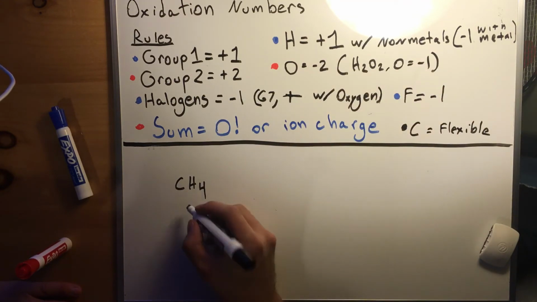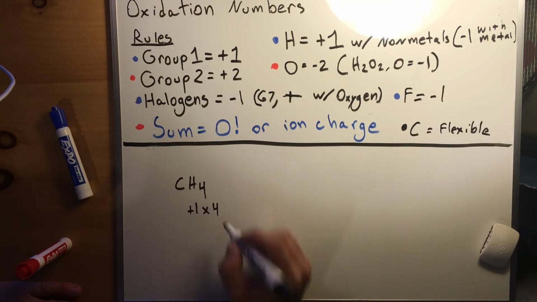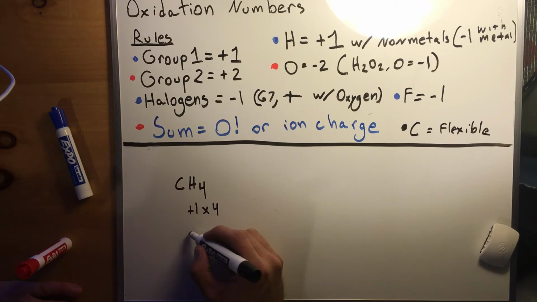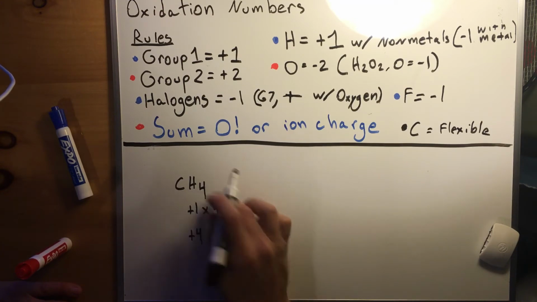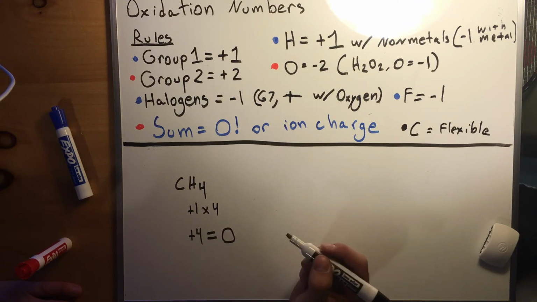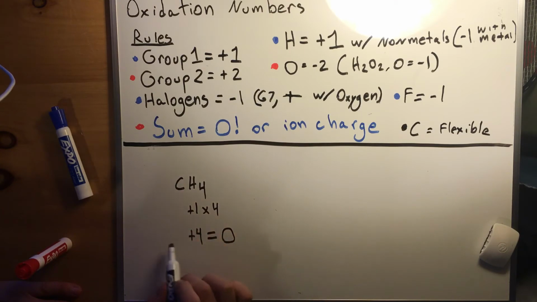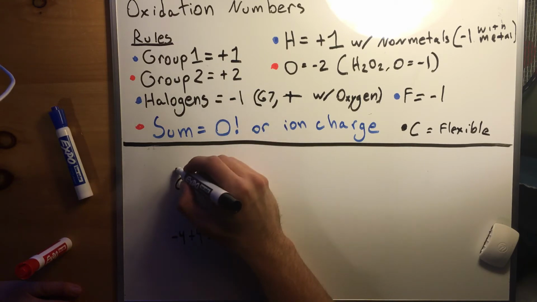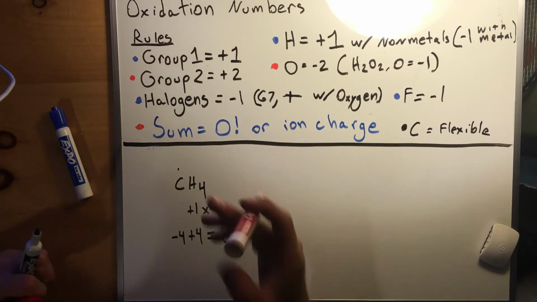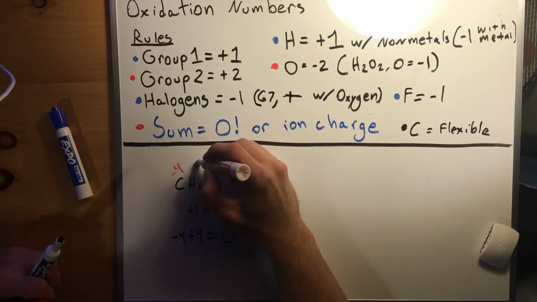So this here is going to be +1. We know there's 4 of them, so its total charge is going to be +4 for hydrogen. It's a neutral compound, so the sum must be 0. Last thing we got left, carbon, something +4 equals 0. Well, that's going to have to be -4. So carbon's oxidation number -4, hydrogen +1.